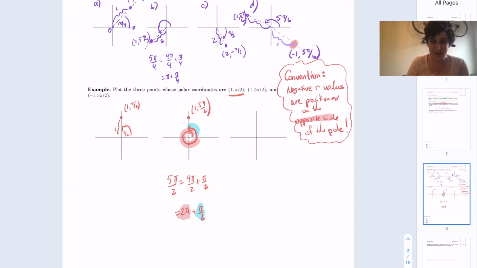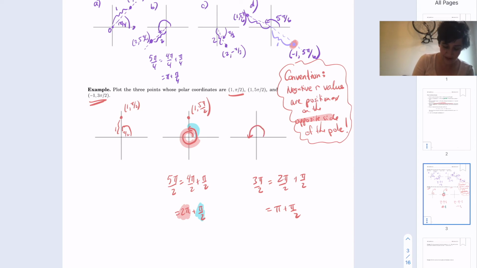Trying to drive home a point here. Haha, I don't mean to make puns. So now we're going 3 pi over 2. Well, that is 2 pi over 2 plus pi over 2, so that is pi plus pi over 2. Or maybe you just know this really well.